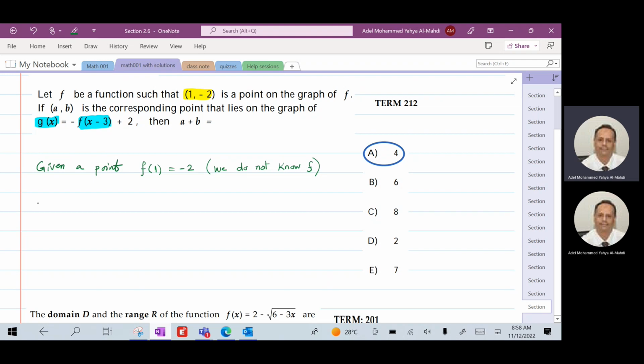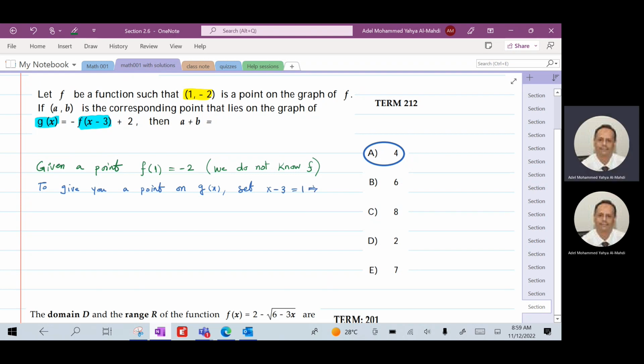So the idea is, let me give you a point on the graph of j of x. The idea is to set the argument x minus 3 equal to the argument 1.